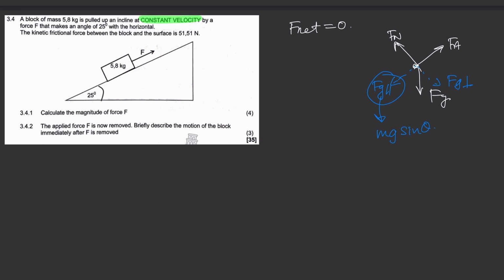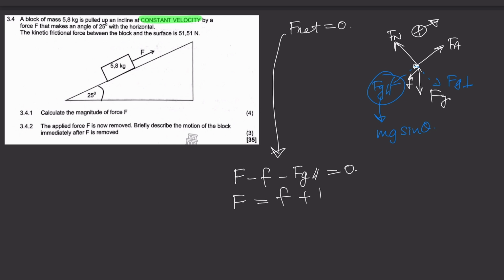Right? So what we can do now is choose a direction as positive. Let's choose up as positive. That means the force applied minus friction minus Fg parallel is equal to 0. So next we can say that the force is equal to friction plus Fg parallel.